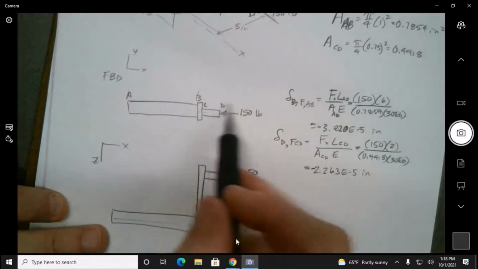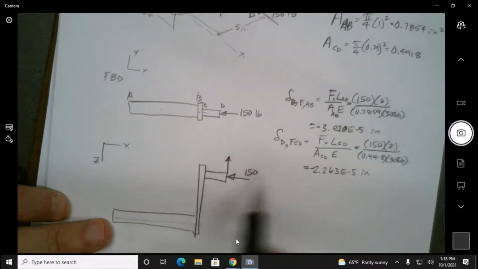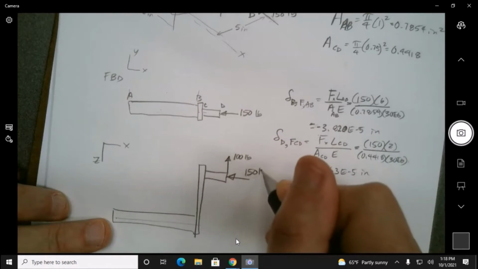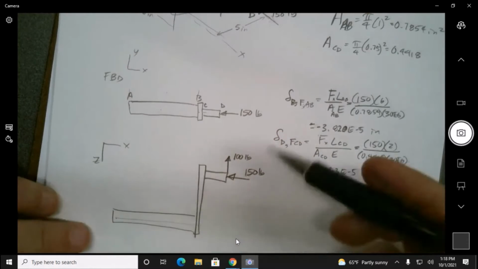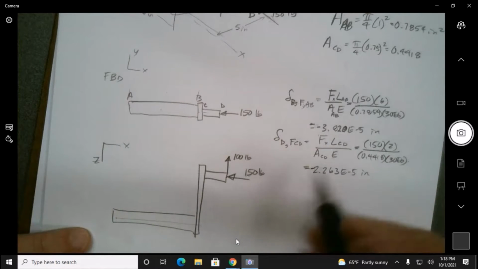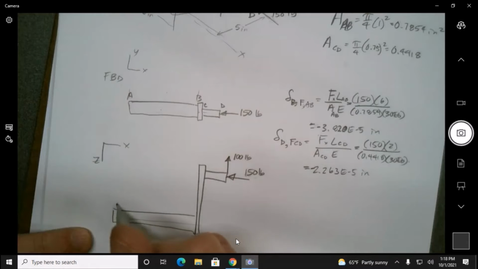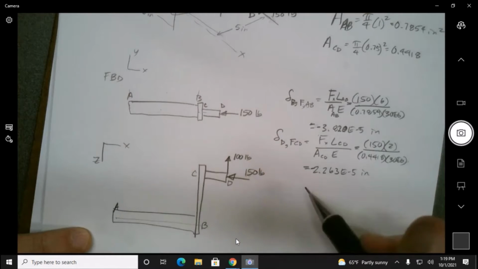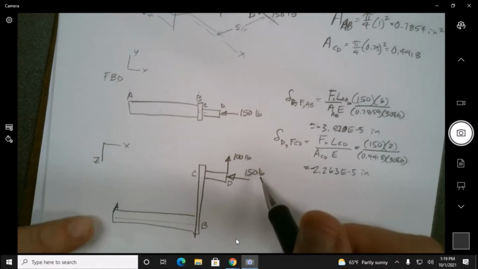And we could actually have done all of this axial stuff in this view, so it wasn't really necessary to draw the other view, because we're just pushing down axially in this view. And this is A, B, C, and D. I think it helps when looking through these to think through different stuff.